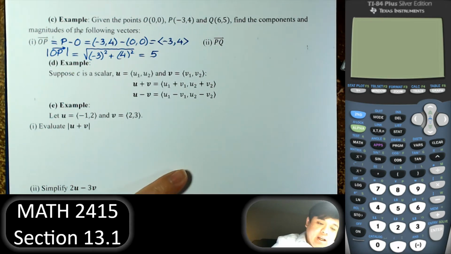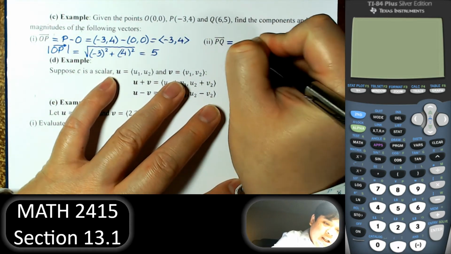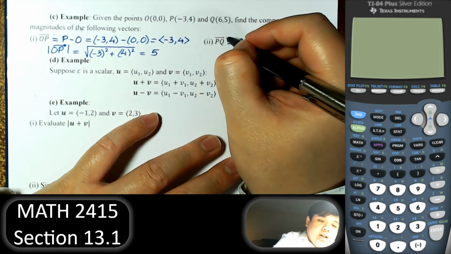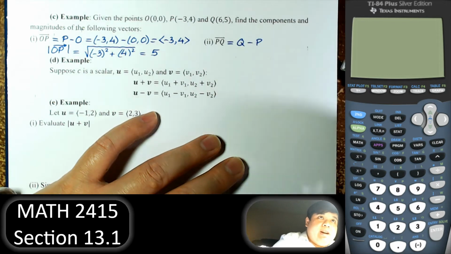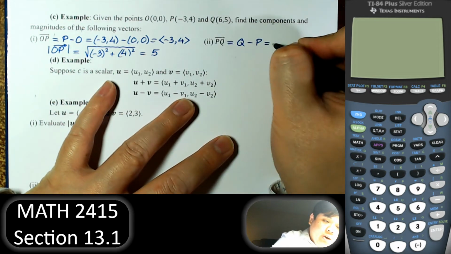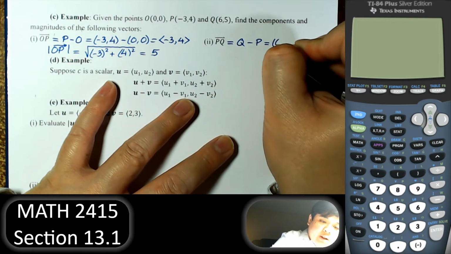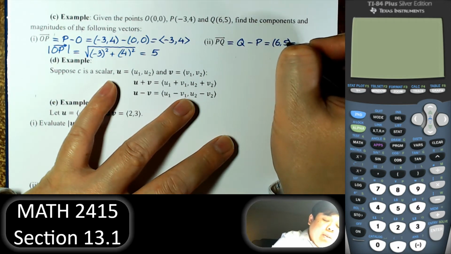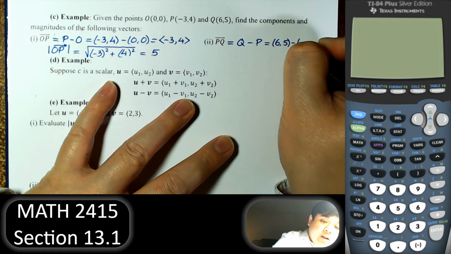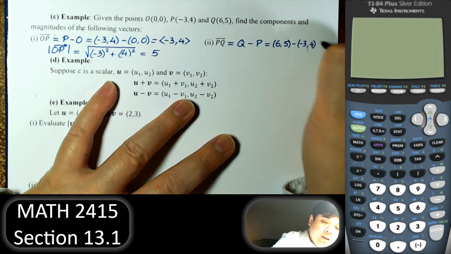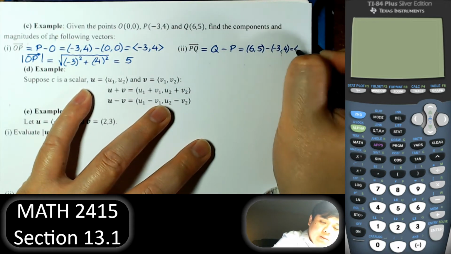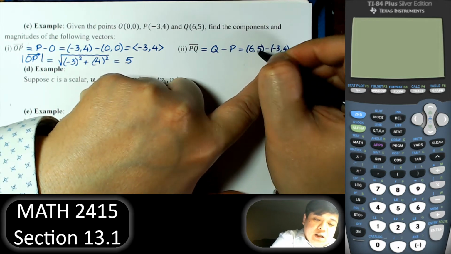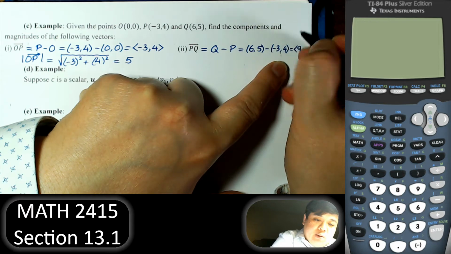Right, vector PQ is going to be Q minus P, final minus initial, head of the vector minus tail of the vector, Q 6 and 5. I write that as a point, and then P negative 3 and 4. Six minus negative 3, that's going to be 9. 5 minus 4 is 1.